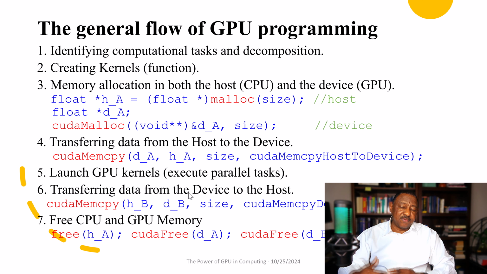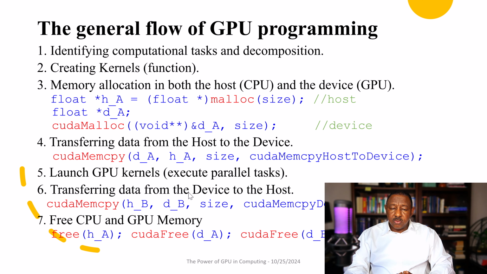That means first we have to put the data in the CPU, and once it is there, we need to process it. We need to transfer that data from the CPU to the GPU, or from the host to the device.